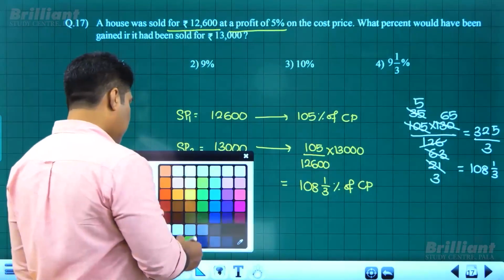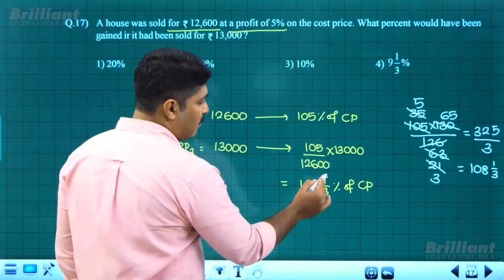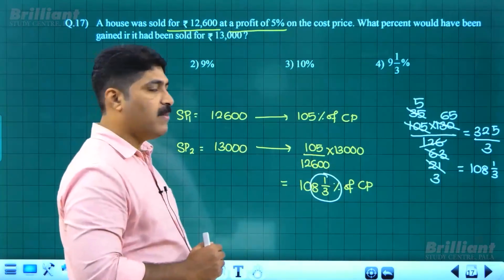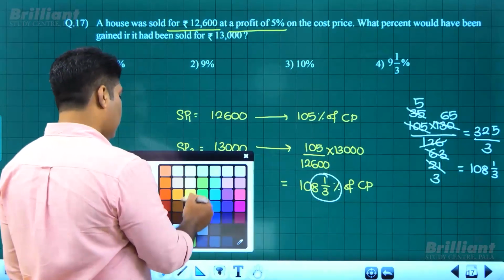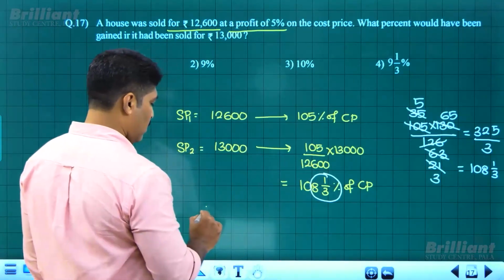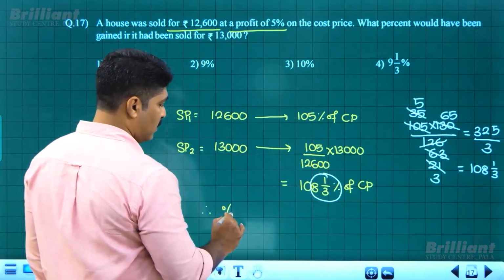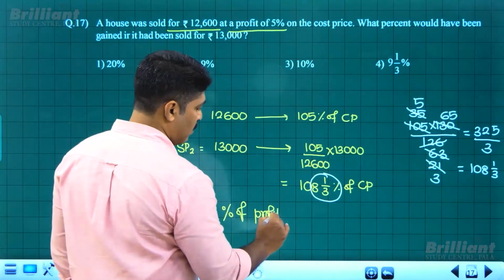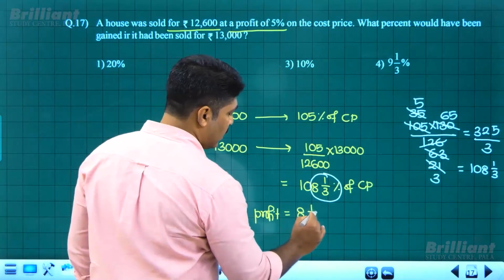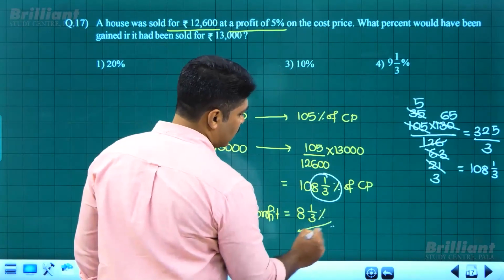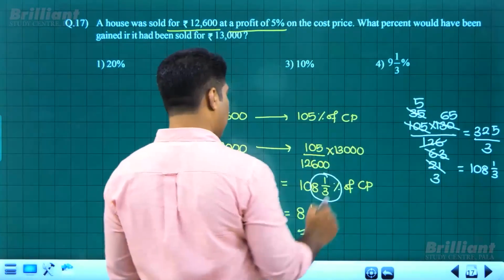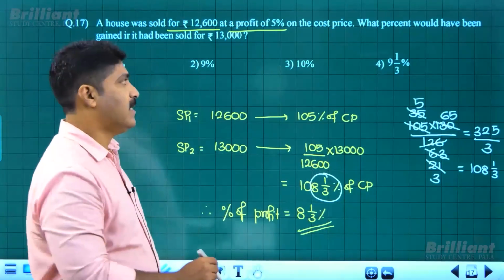If it is 108 and 1 by 3, then the percent of profit is 8 and 1 by 3. Therefore, the percentage of profit is equal to 8 and 1 by 3%. It's not in the given options, so we can consider this as 8 and 1 by 3%. That's the correct answer here.